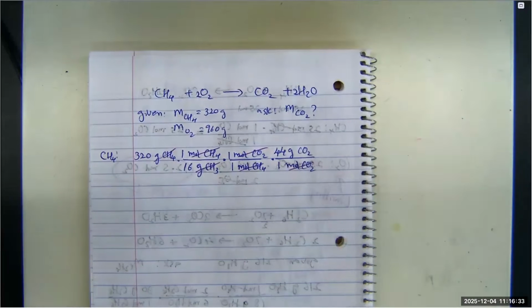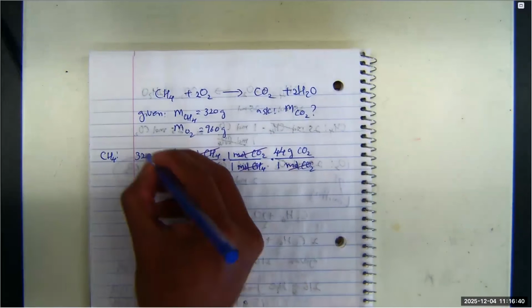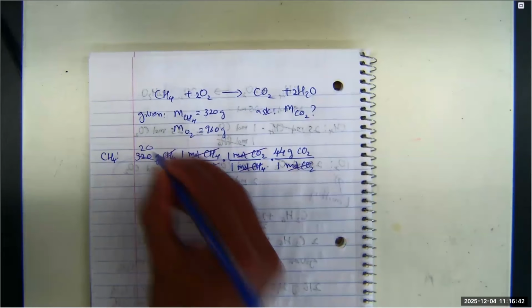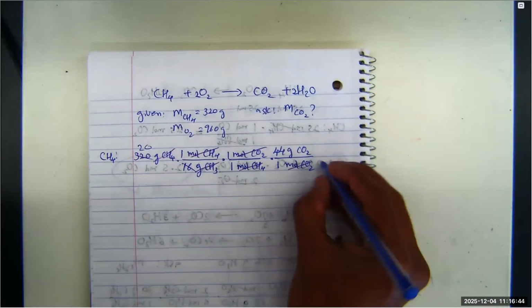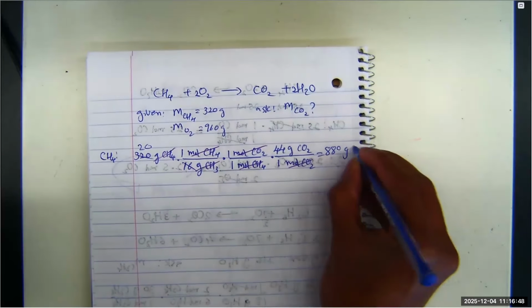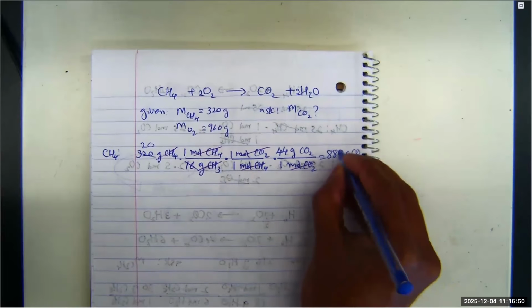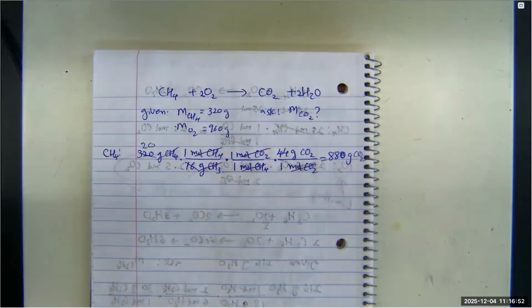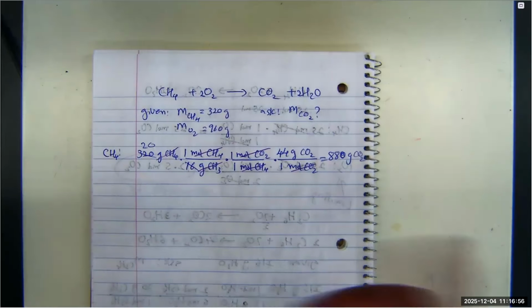So if I do that, moles of CO2 cancels out. I'm going to end up with grams of CO2. And this will be 20 times 44, which is 880 grams of CO2. Okay. So that's what we get if CH4 was our limiting reactant.